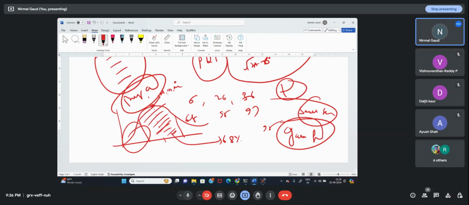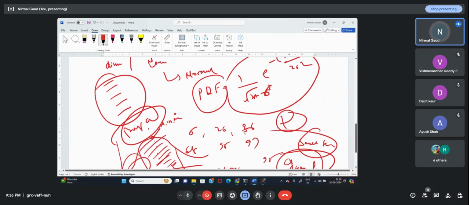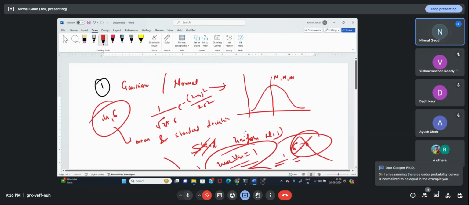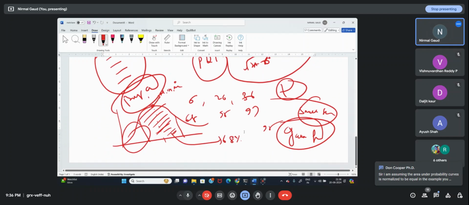These are related to probability distributions, very important. I'm covering these topics under statistics, but they are covered in probability also.